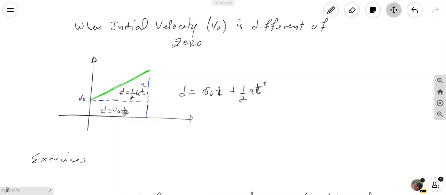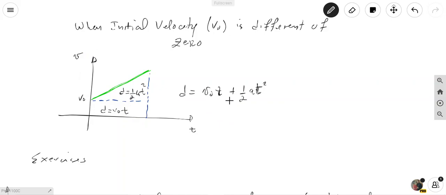So the total of both distances gives you the total distance that was traveled by the car in the interval of time t. Okay, so let me make a quick correction here. In my graph, what we have here is time, and what we have here is velocity. So we have a graph of velocity versus time.